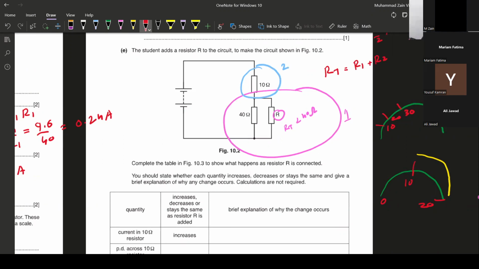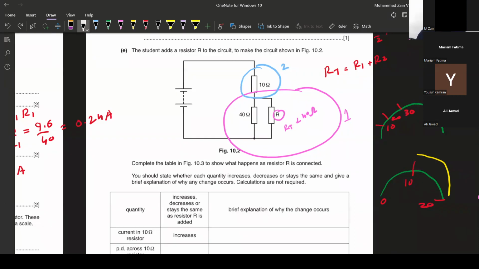Before the resistor R was connected, this region had a value of 40 ohms. And now when I connected the resistor R, the value of this component, this region 1, decreased from 40 ohms to some value less than 40 ohms.